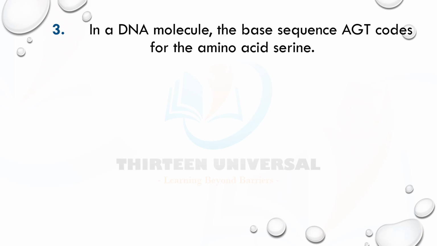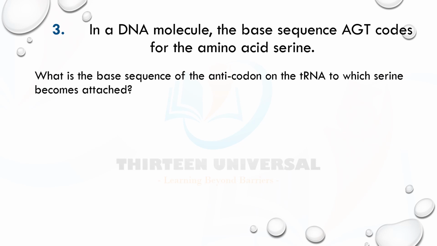Next question. In a DNA molecule, the base sequence AGT codes for the amino acid serine. What is the base sequence of the anticodon on tRNA to which serine becomes attached? Okay, guys, this is just a fast one. This is the base sequence AGT in a DNA.